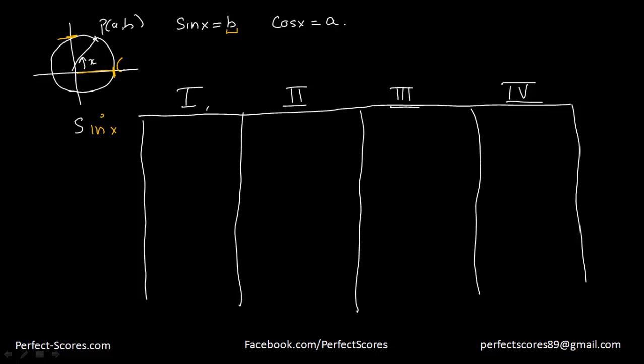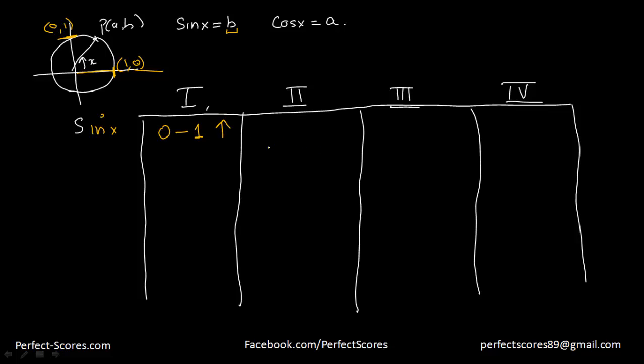Now the value of b over here is 0 and the value of b over here is 1. So sine x in the first quadrant will take values all the way from 0 till 1, and it is going to increase.